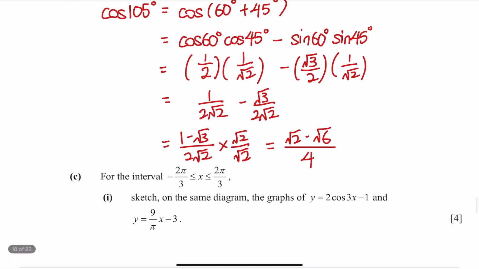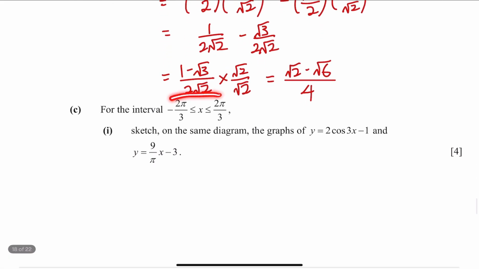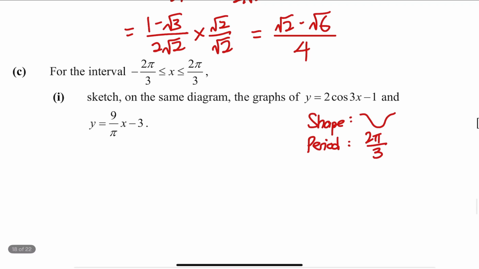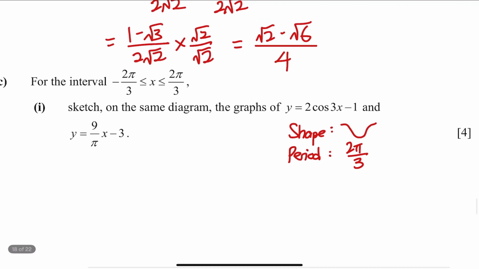For part C, for this interval here, sketch on the same diagram this graph and this graph. Okay, this is your standard trigo graph. The steps are always the same. Identify the shape first. The shape is a positive cosine graph. The period is 2 pi divided by 3. So in this case, from negative 2 pi over 3 to 2 pi over 3, I have to draw 2 cycles.